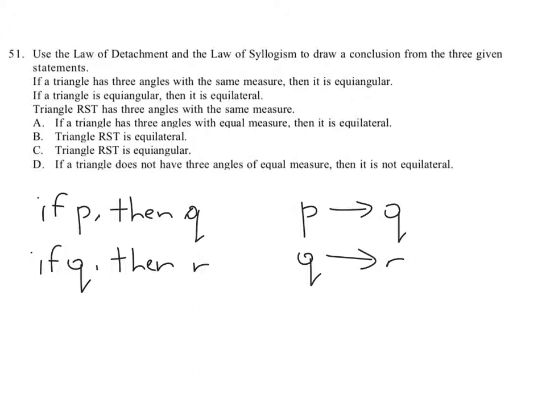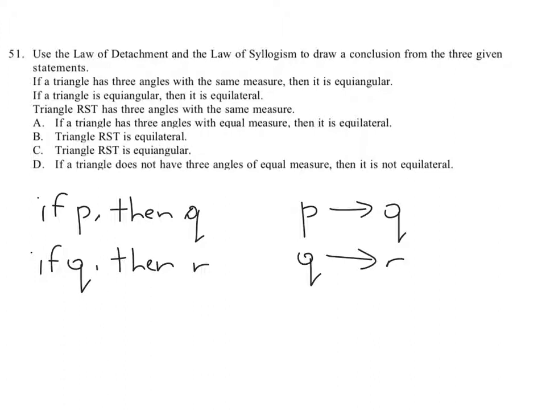But really what you're saying is, if we're told that P is true, we automatically know Q is true. And once you know Q is true, you know R is true. So if you know P is true, that leads you to here. That means you know this is true, and that leads you to there.